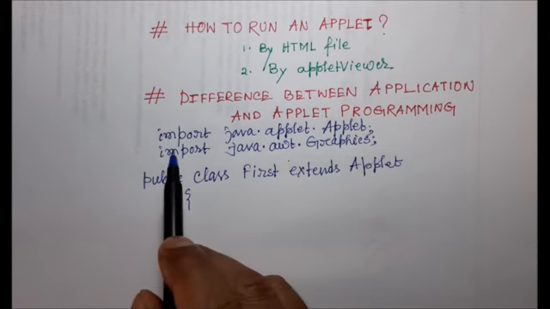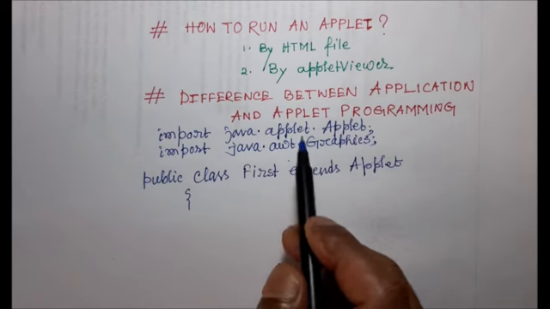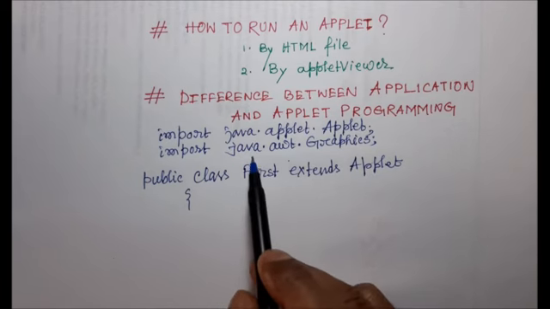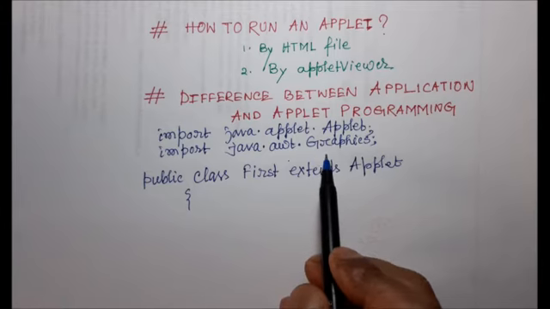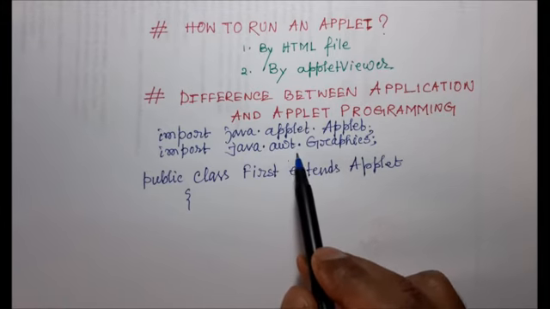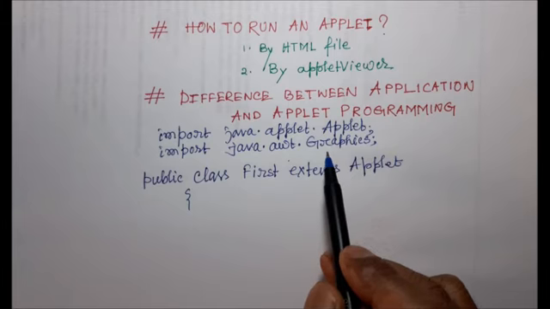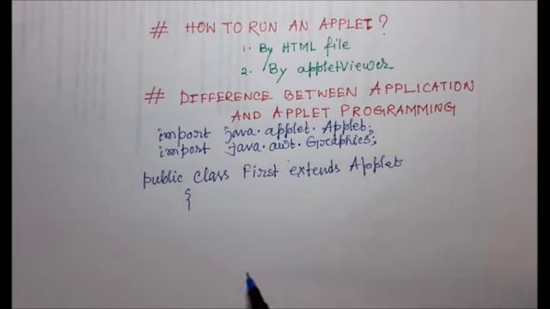It is a better way to write import java.applet.star and import java.awt.star, because this AWT package, abstract window toolkit, will give me the paint method. You know that in the previous lecture I discussed the hierarchy of the applet class, so that you can get a clear idea from where I can get the paint method, and we can pass the Graphics object. So, we have to import this java.awt.star package.